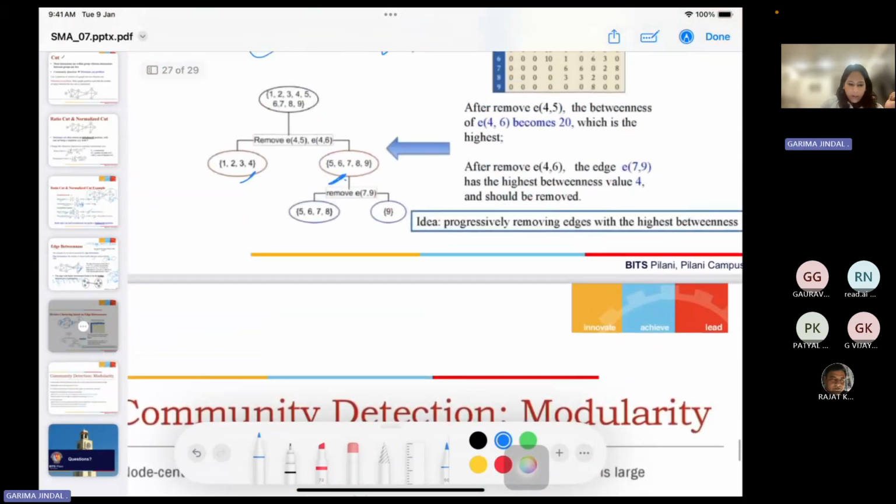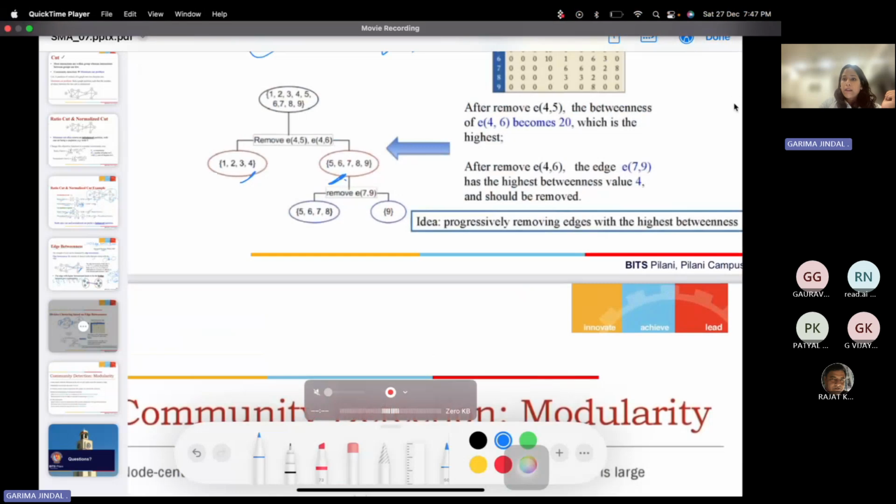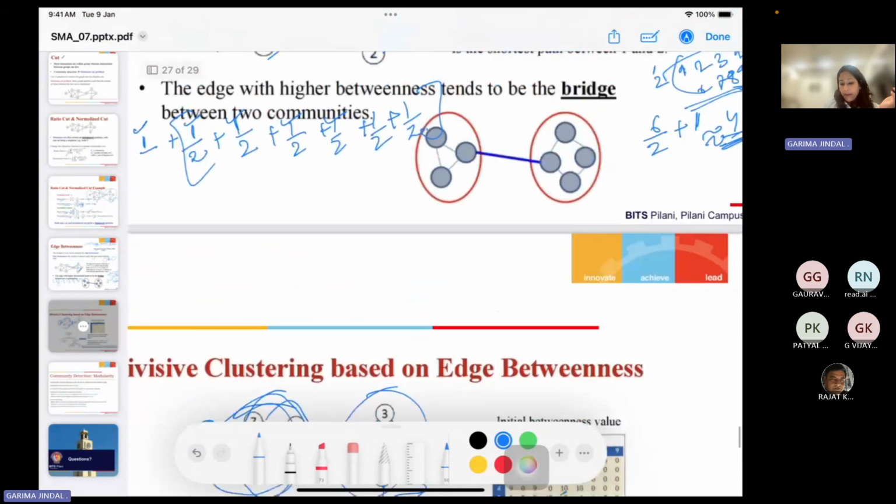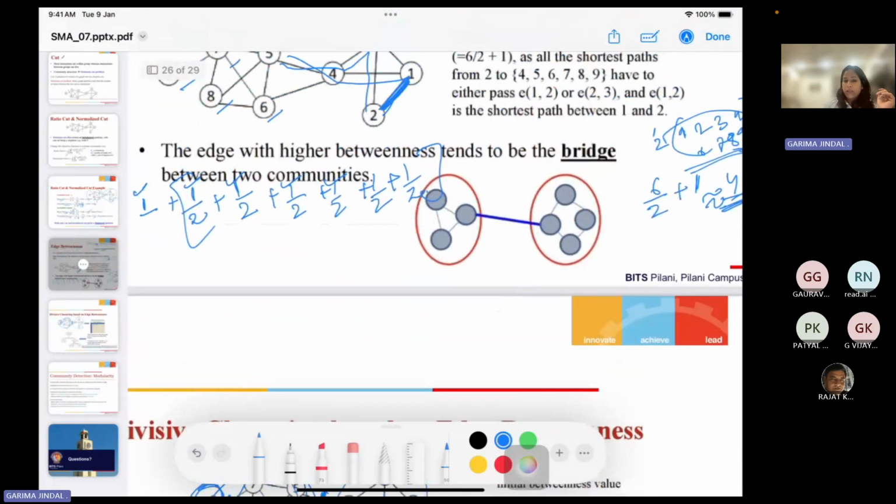Now there is another measure called the modularity measure. Newman and Girvan came up with this algorithm which identifies communities.